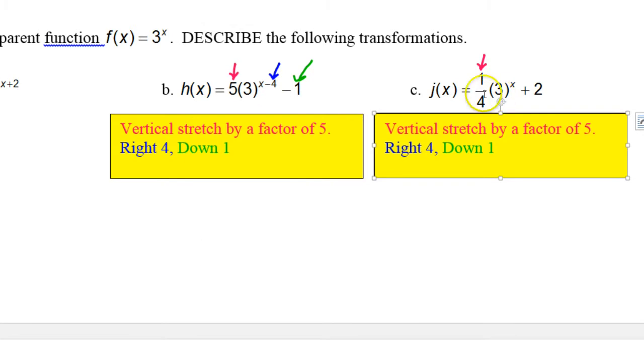Okay, now like I said, because this 1/4 is less than 1, instead of being a vertical stretch, it's going to be a vertical compression. Vertical compression by a factor of 1/4.